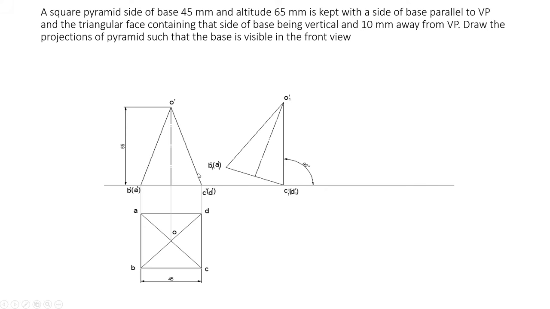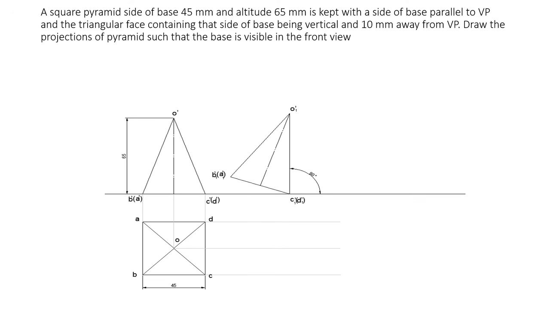Measure this angle and draw it from here, and mark this length here. In that way you complete that triangle. Name these points B1 dash and A1 dash. Also draw the midpoint of this line, and from this point draw the axis like this. This is O1 dash. In that way you draw the front view of the tilted position, with this slant triangular face perpendicular like this.